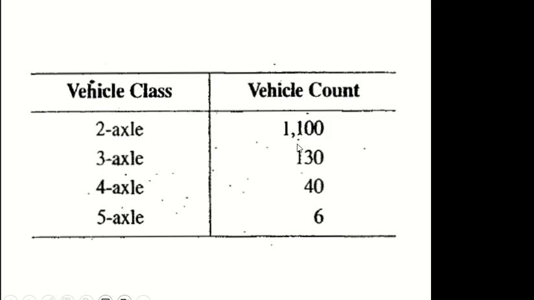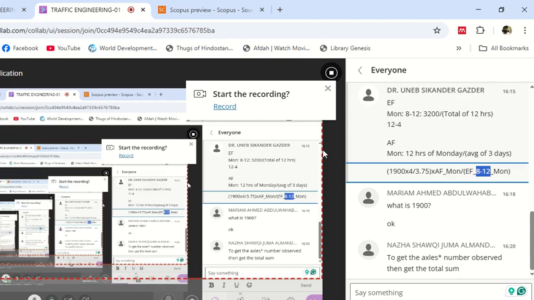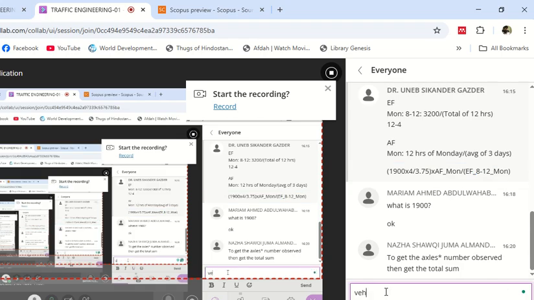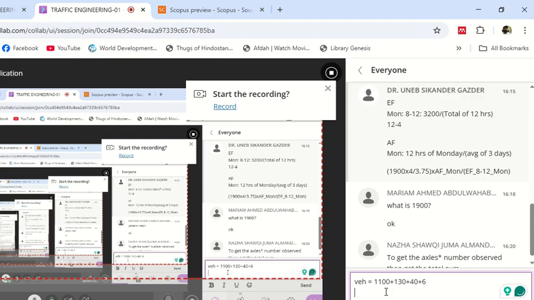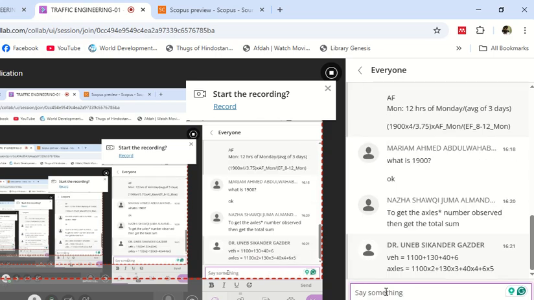So how many vehicles do we have? 1100 plus 130 plus 40 plus 6, right? And how many axles do we have? 1100 into 2 plus 130 into 3 plus 40 into 4 plus 6 into 5. So how much did we get here?